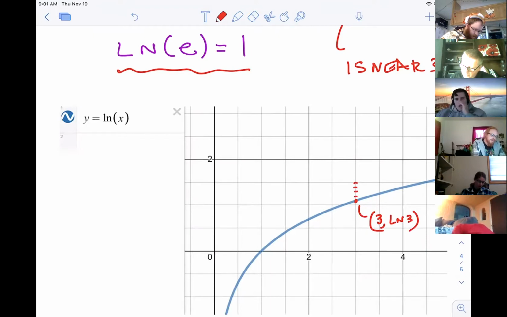Yeah, that now looks to me like 1.1. Yeah, 1.1. So I can't do that without a graph.